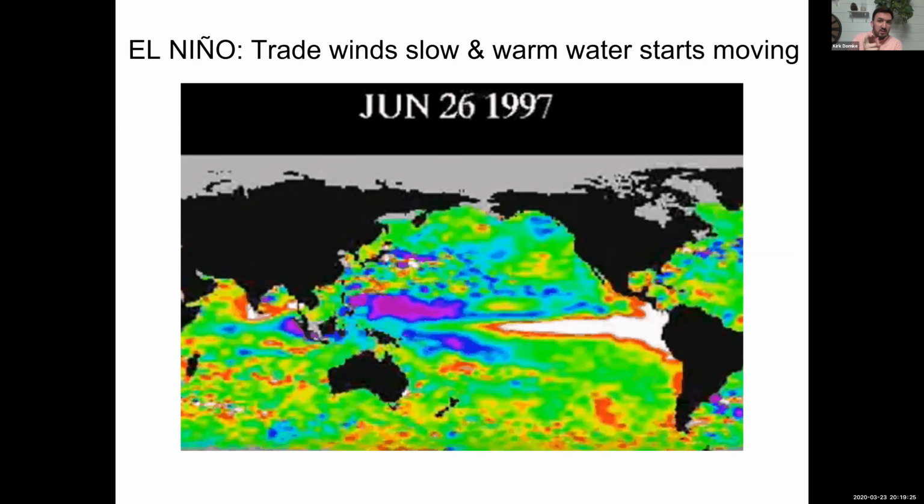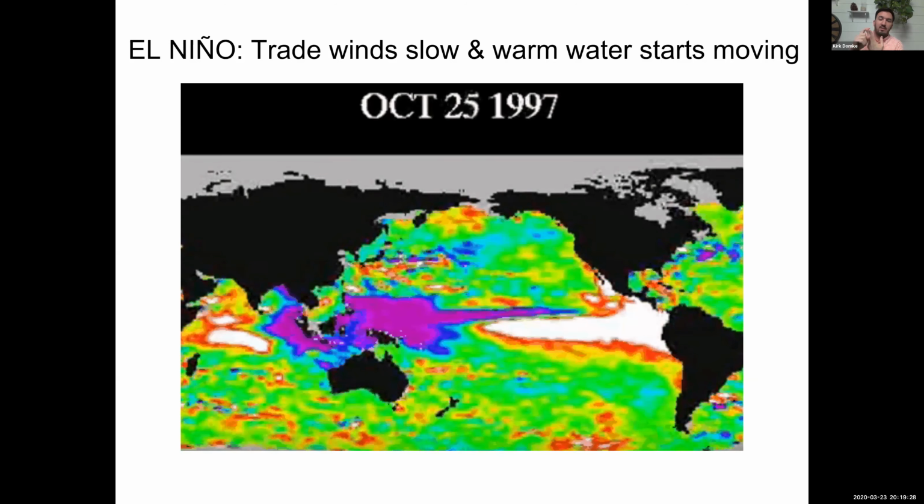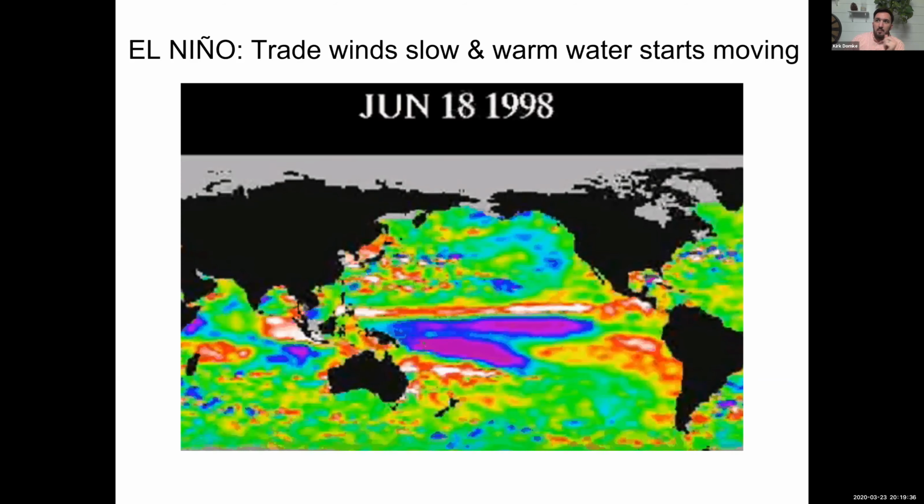It's not that the trade winds have changed their direction. They're still blowing. They're strong, consistent winds, just weaker. To go against the flow of the wind and these currents, for this pool of warm water to find its way to the other side of the Pacific Ocean, it's like trying to go up the down escalator.